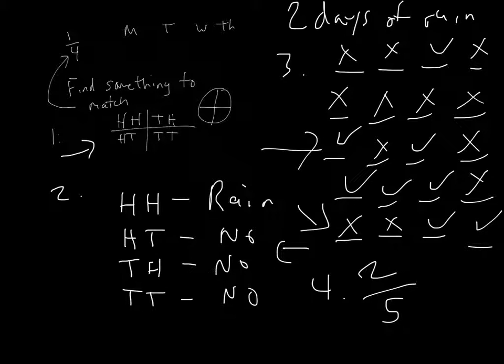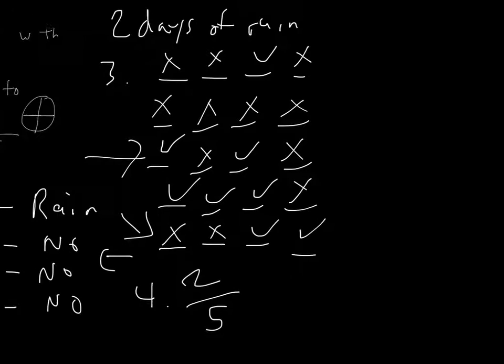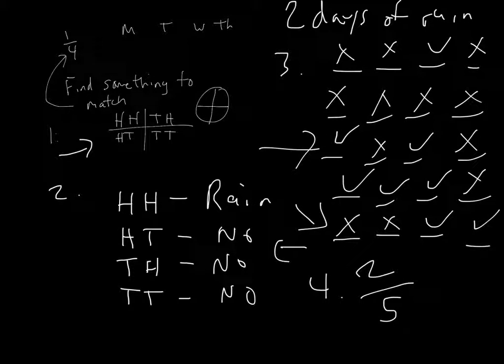Correct. 2 of my simulation outcomes, this one, this one, and this one, were favorable. They had what I was studying, which was 2 days of rain. This one and this one did not. So I had 2 out of 5.